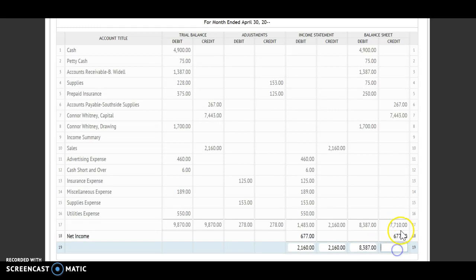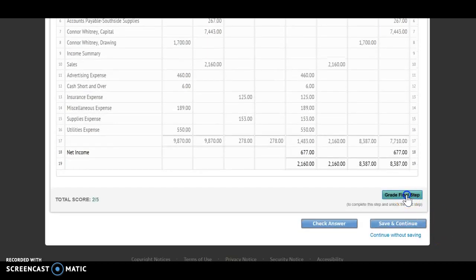I'm going to add these two numbers. And I now have 8,387. Okay, so my income statement, debit, and credit equal. My balance sheet, debit, and credit equal. Grade final step.